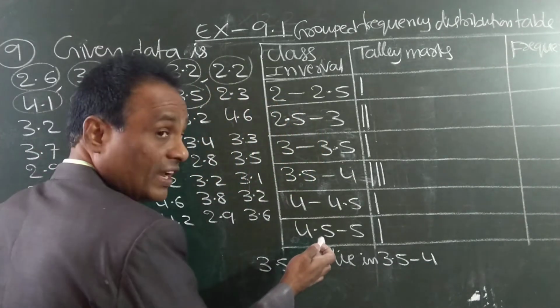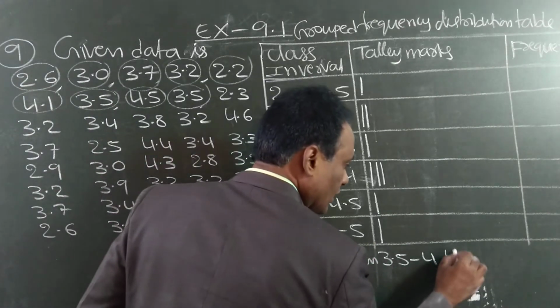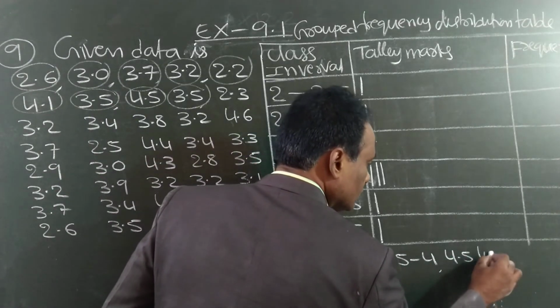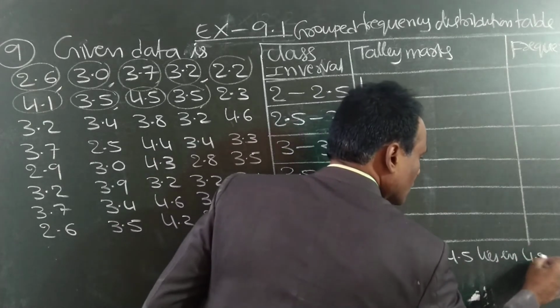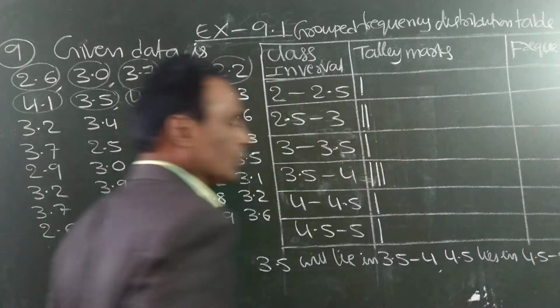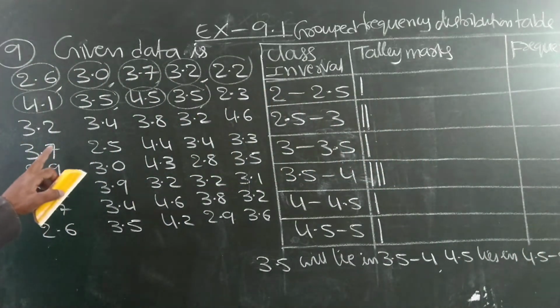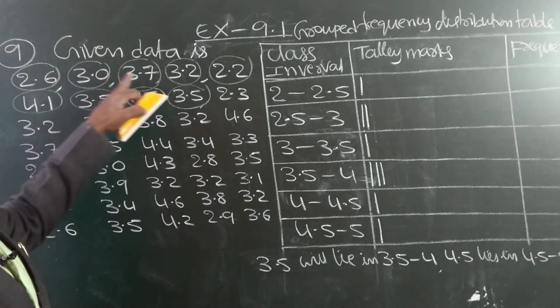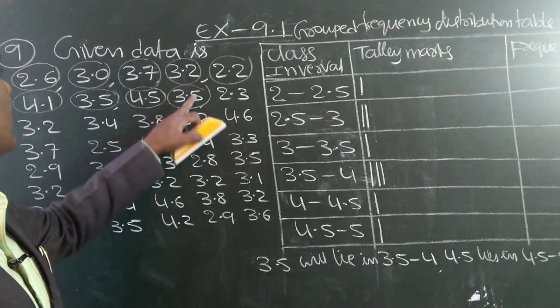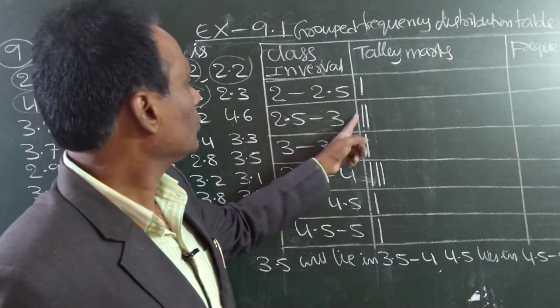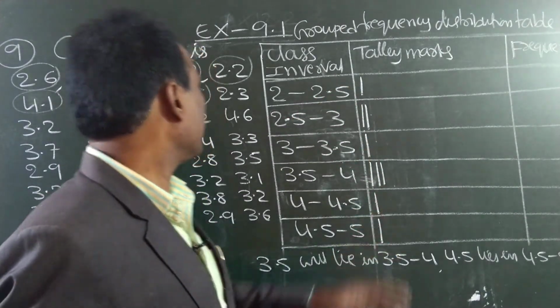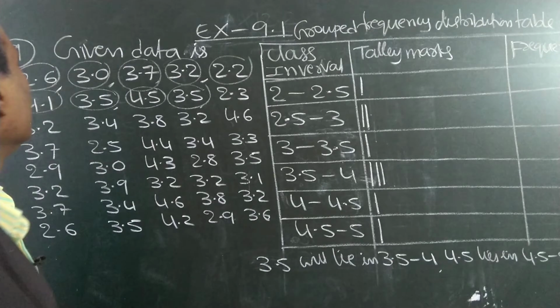Same way 4.5 will lie in this. I am writing your clarification also. Okay. Now continuation. 1, 2, 3, 4, 5, 6, 7, 8, 9. Now, okay. Next.